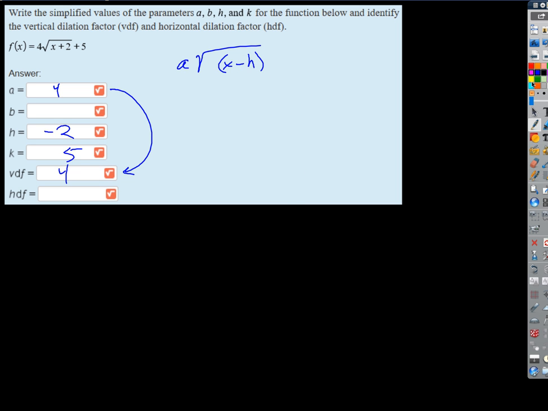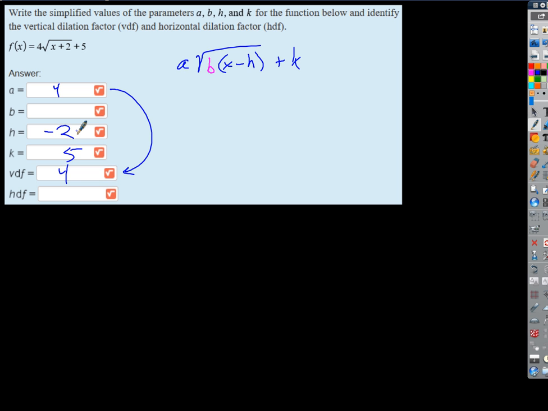But then if there's a b, the b has to go out in front of that, right? Plus k. So we're just looking at whatever number is being subtracted from x. Well, it's got to be a -2, doesn't it? Because we end up with x plus 2. That's the same as x minus -2.